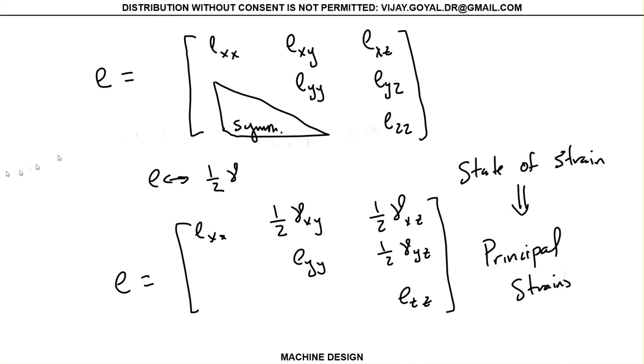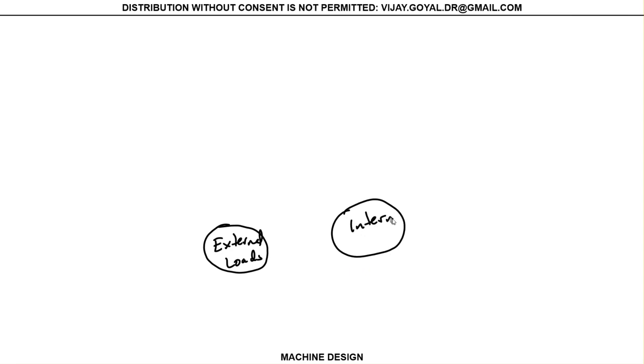What we also know from your strength of materials is, how do we find the strains, right? If you remember our chart, don't forget your chart that said external loads, internal loads, stresses, and strains.